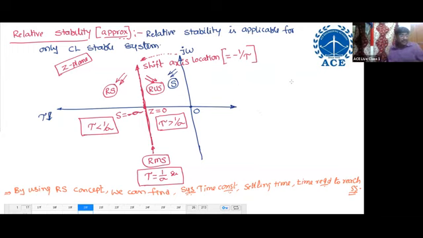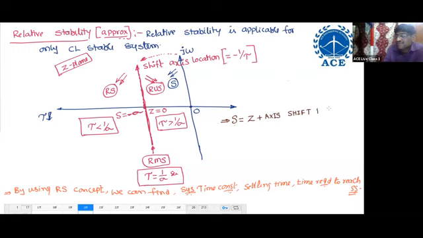And one more thing here: whenever you see a question which belongs to relative stability, forget all these things. Just don't draw this diagram and all. Remember simply, they will give the characteristic equation in terms of S. That S should be replaced in terms of Z. So S is replaced by S equal to Z plus axis shift location.